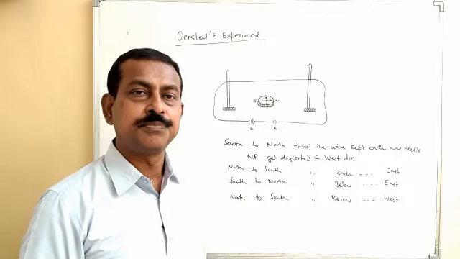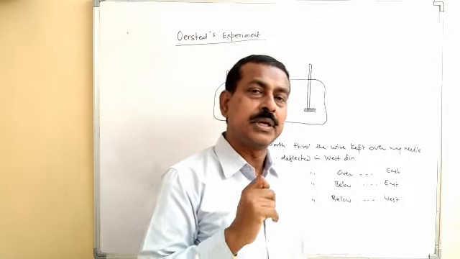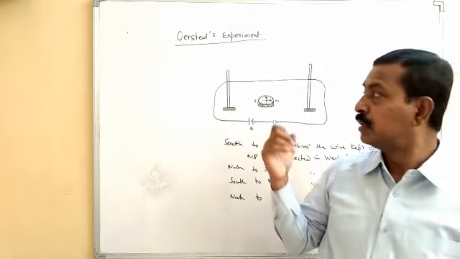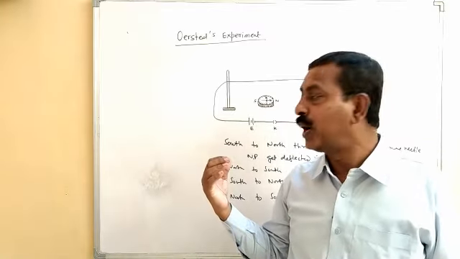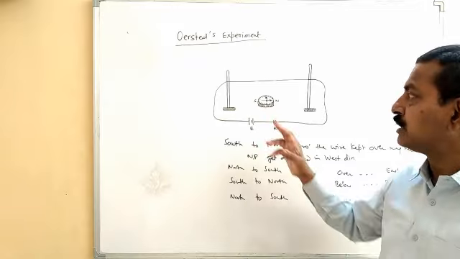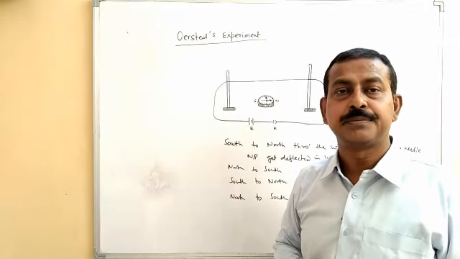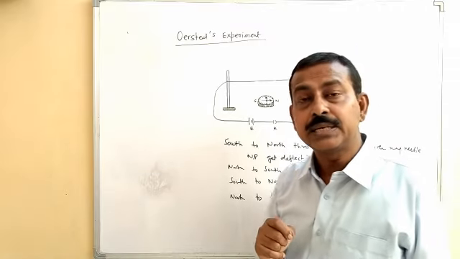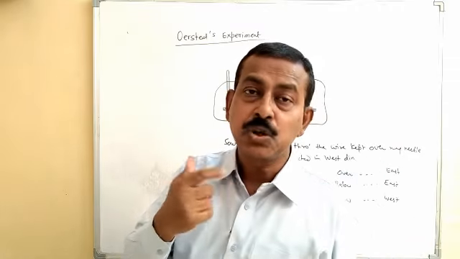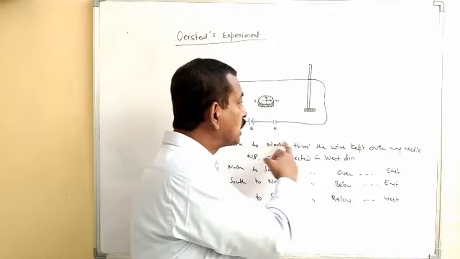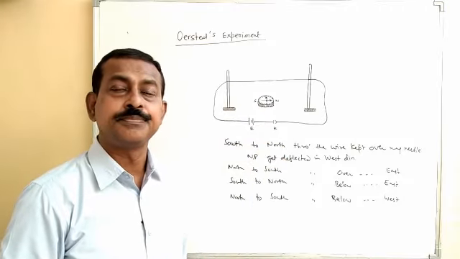So obviously the cause of magnetic field experienced by this needle is something else, because there was no magnetic substance kept nearby. So then he said that it is due to electric current, and his conclusion was supported by the fact that the deflection is there only when the current is passed through the wire. Second thing, the direction of deflection gets reversed when the direction of the current is also reversed.